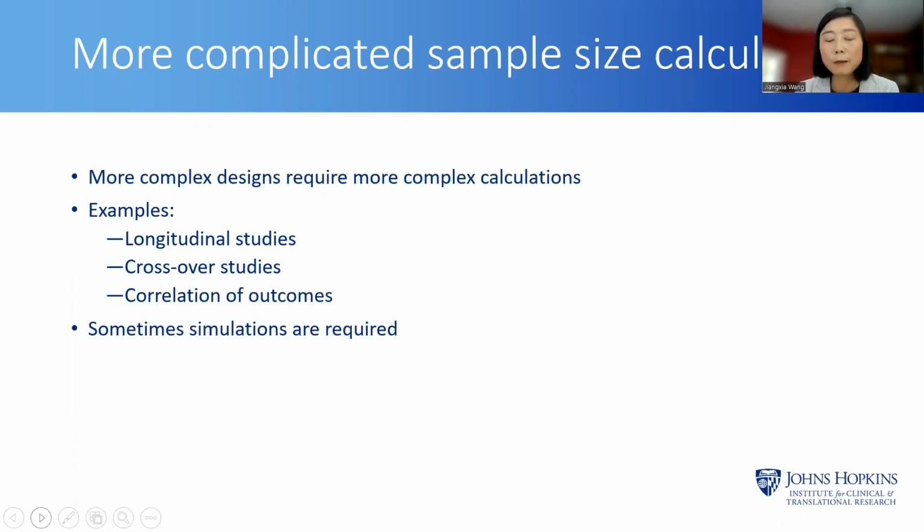For those more complicated designs, we can't use the simple calculation I just showed you, and GPower doesn't have the capability to handle this kind of calculation. So if you come across this kind, please consult a statistical consultant. And sometimes simulations are even required for even more complex sample size calculations.